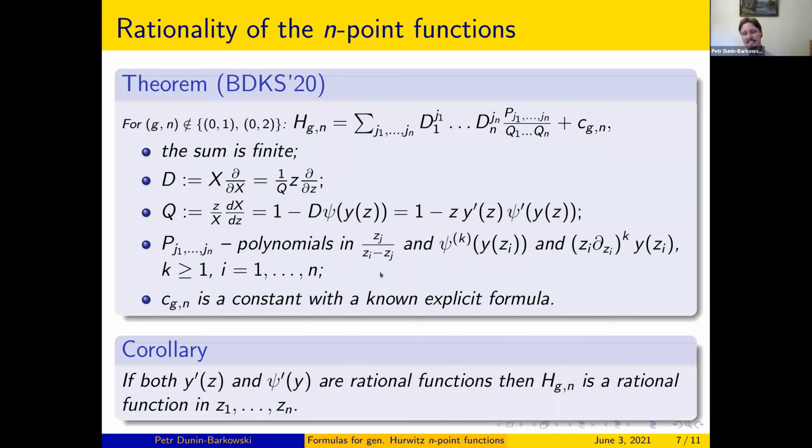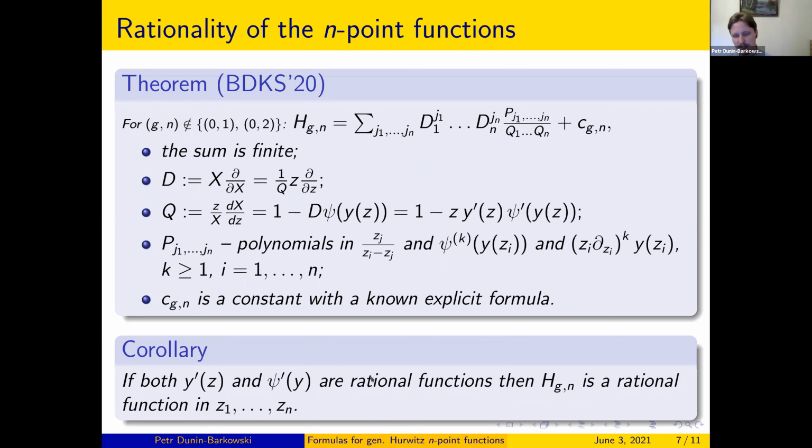You see that this general statement works in the domain of formal power series. It's completely general. Then what can you say if your y and psi, or more precisely y prime and psi prime, are rational functions? This is actually the case in most of the examples in the table which I showed several slides before.